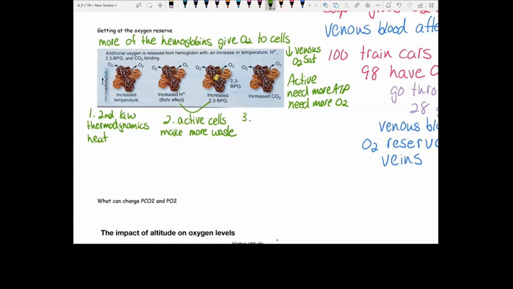The third one is carbon dioxide. Active cells make more carbon dioxide. And remember, 23% of your carbon dioxide binds to the globin. So right here is the globin. That's where you would have carbon dioxide.